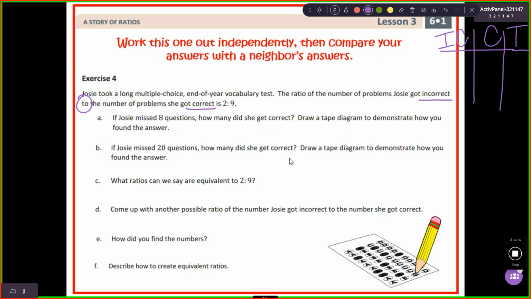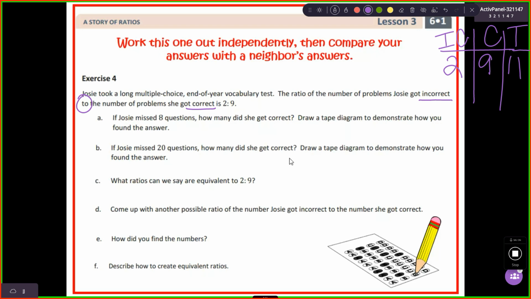Nope, it's not. So I need to create another category. What do I know about incorrect? How many is it worth? And then how much is correct worth? So what do you mean that total on that test is going to be? Does everybody understand that?